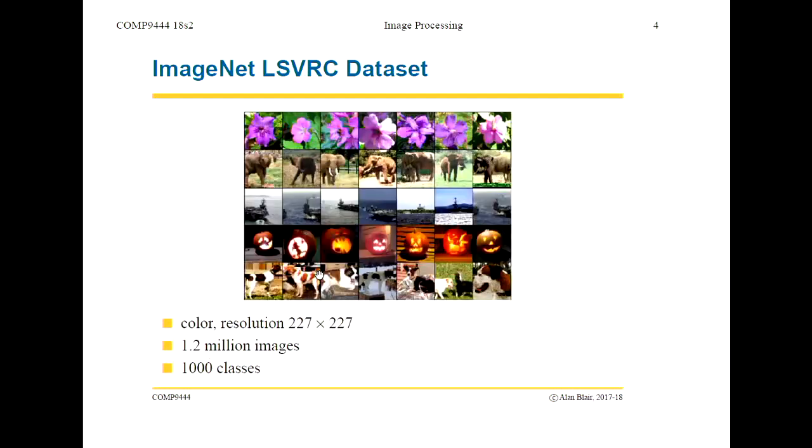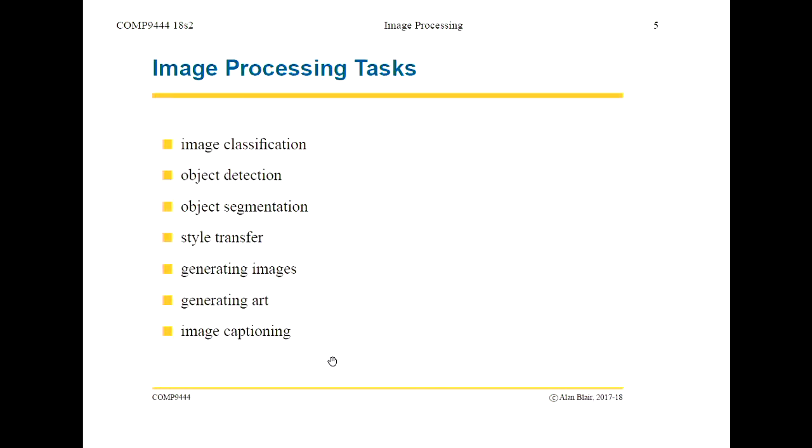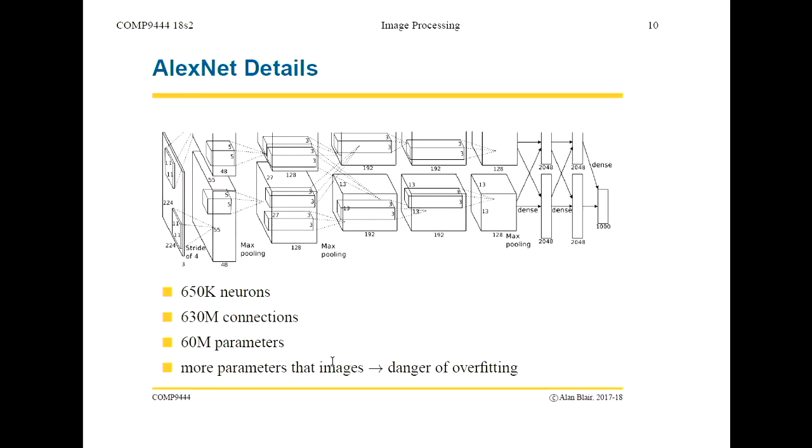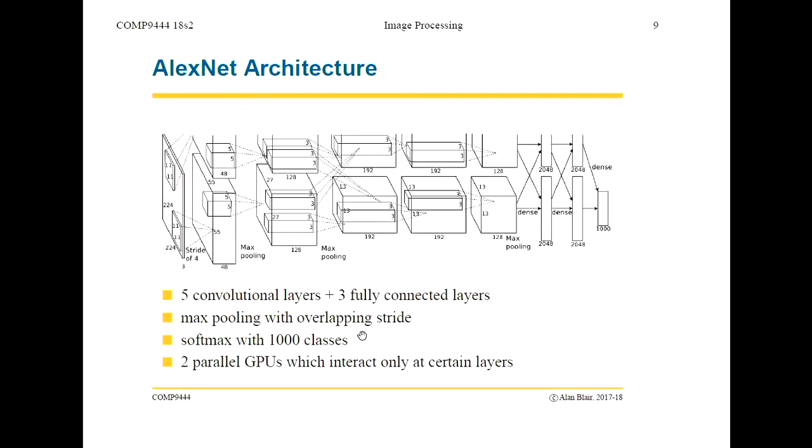Okay, so just to recall, this ImageNet database has 1.2 million images in 1,000 different categories like this. They're color images, 227 by 227. Now, we talked about this AlexNet, so we had some convolutional layers, some pooling layers, and some fully connected layers.